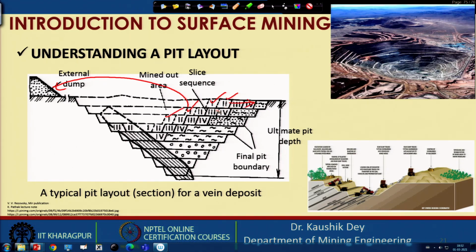More or less horizontal slicing is carried out, but the overburden materials are taken out and dumped aside, and ore materials are taken out and sold in the market. So, this is a typical layout of one surface mine.